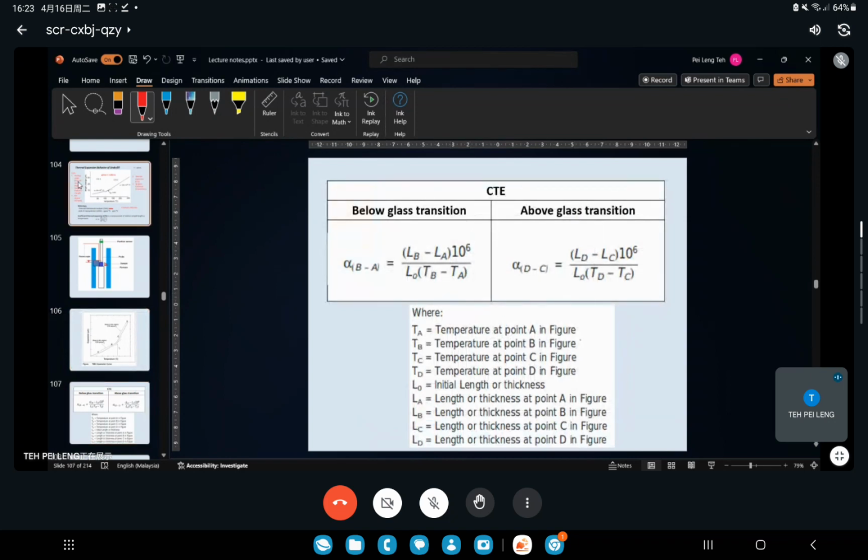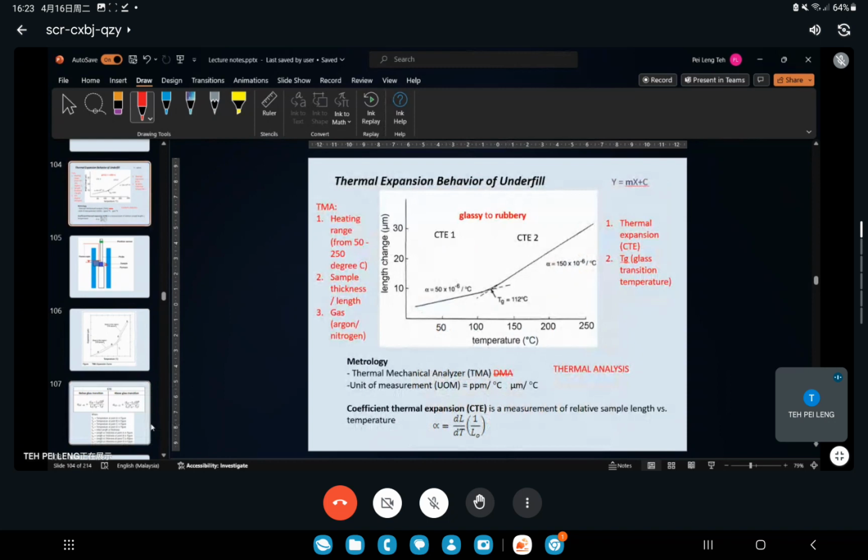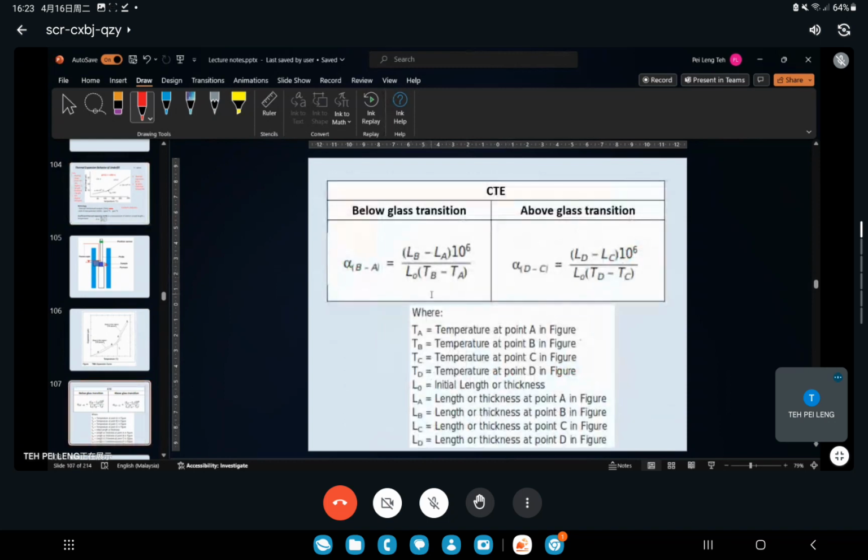Okay, if you know this formula, then you know what's written here. This is just like y2 minus y1 over x2 minus x1, and this is L0.